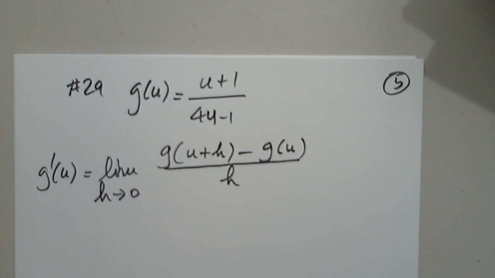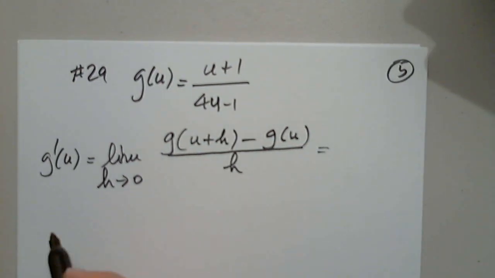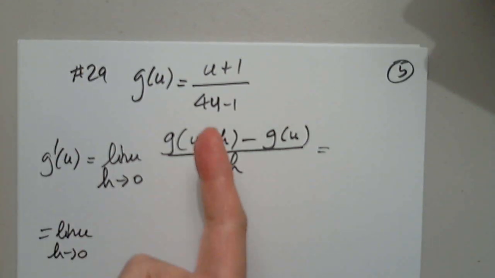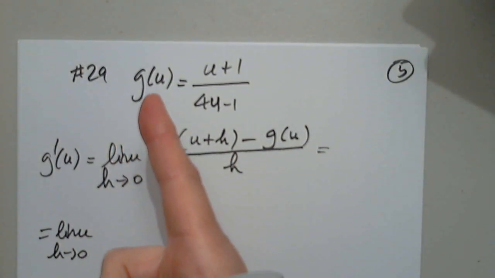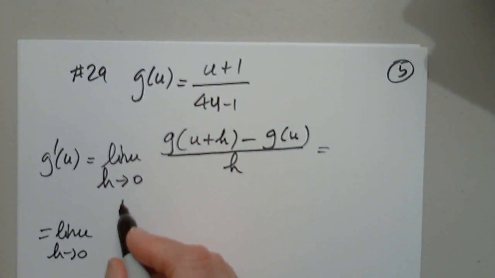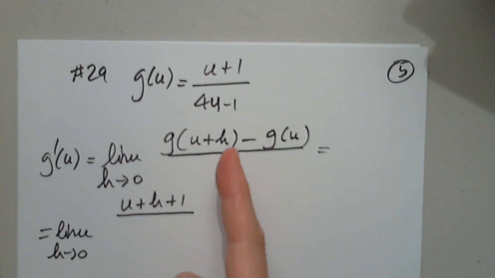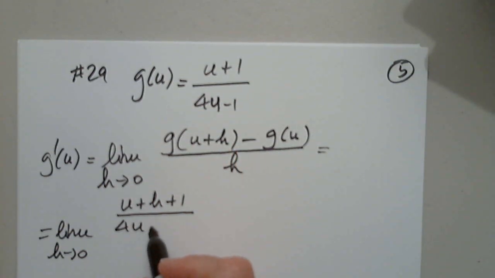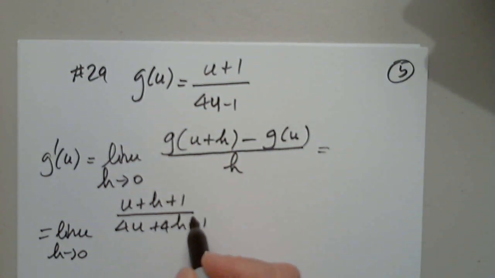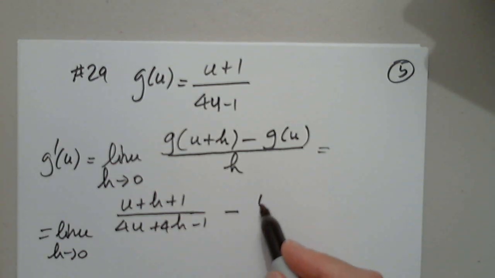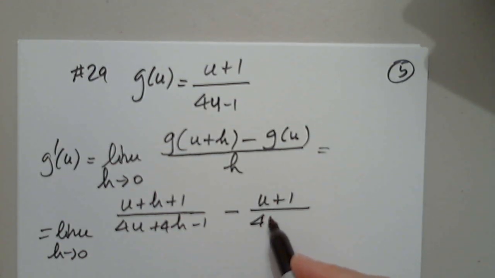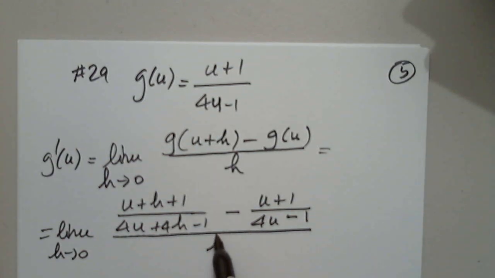That's why I wanted to avoid that u plus h, but that's okay. So we start with the limit as h approaches 0 of g of u plus h, which is u plus h plus 1 over 4u plus 4h minus 1, minus u plus 1 over 4u minus 1, over h.